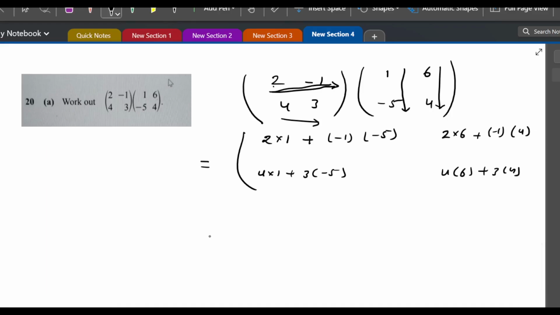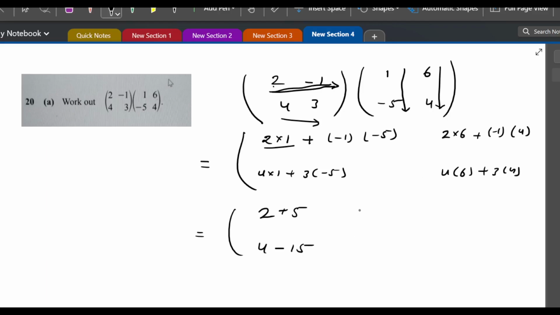Finally, what do I get? This is not in your portion, just extra knowledge, because I think someone asked me this question in class as well. 2 times 1 is 2, and this is plus 5. Now 4 into 1 is 4, minus 15.